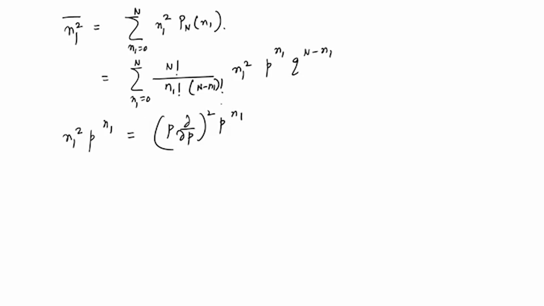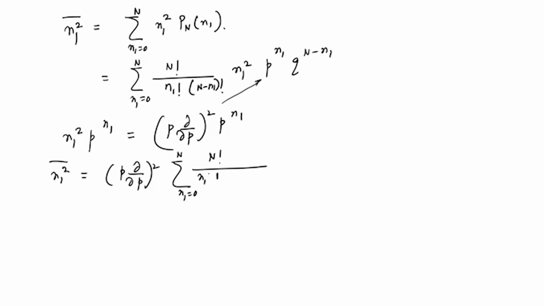So, we will replace it here, and replacing it we get n1 square average is equal to (p del/del p) squared times the sum over n1 equal to 0 to n of n factorial divided by n1 factorial (n minus n1) factorial p to the power n1 and q to the power n minus n1. So, this is the simplified form, and this is nothing but the binomial distribution.